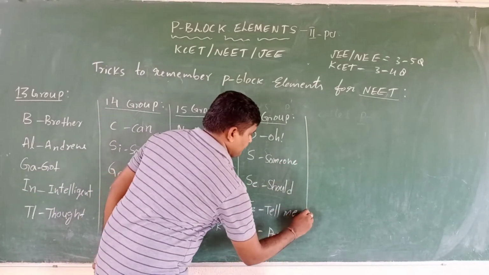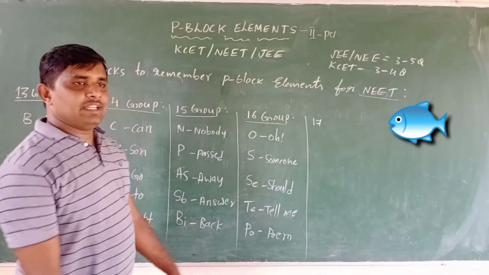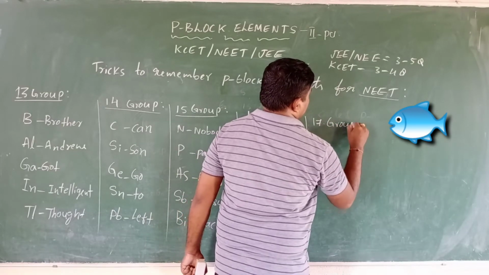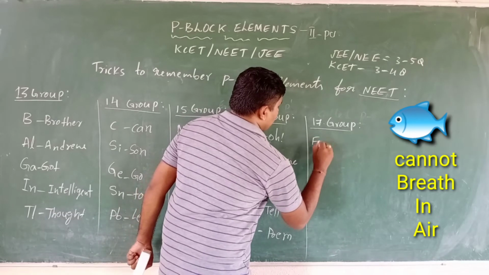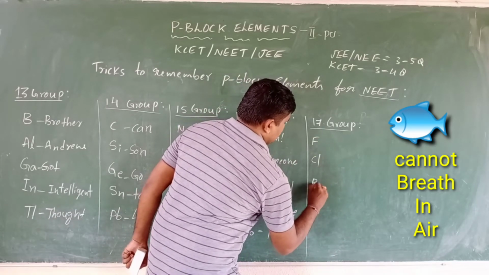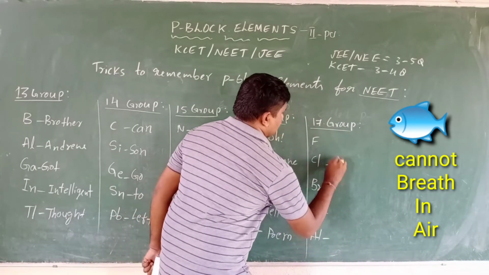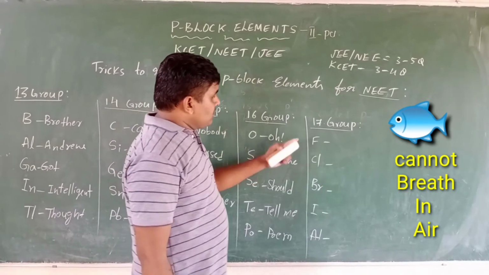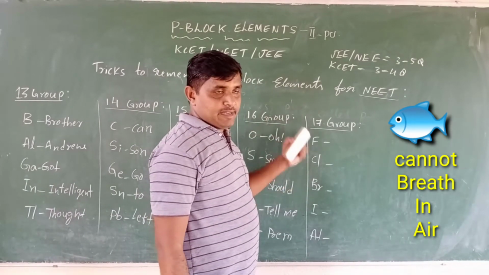Fine. Next, the 17th group of the elements. The 17th group is very easy, everyone can tell, right? Fluorine, chlorine, bromine, iodine are called halogen elements.